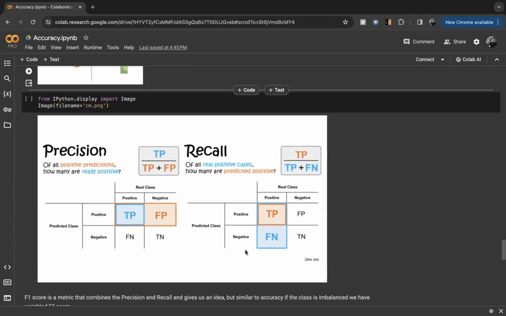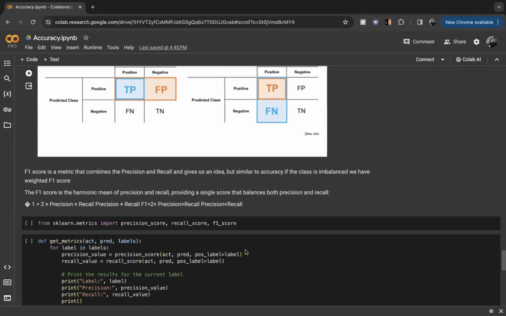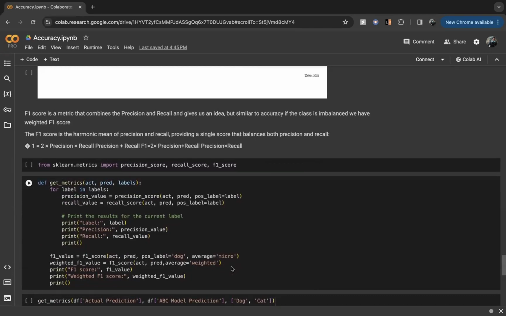That is recall. Along with precision and recall, the F1 score also gives you an idea of how good a model is doing. The F1 score is nothing but the harmonic mean of precision and recall. Now let us see what the precision and recall are for the models ABC and XYZ.